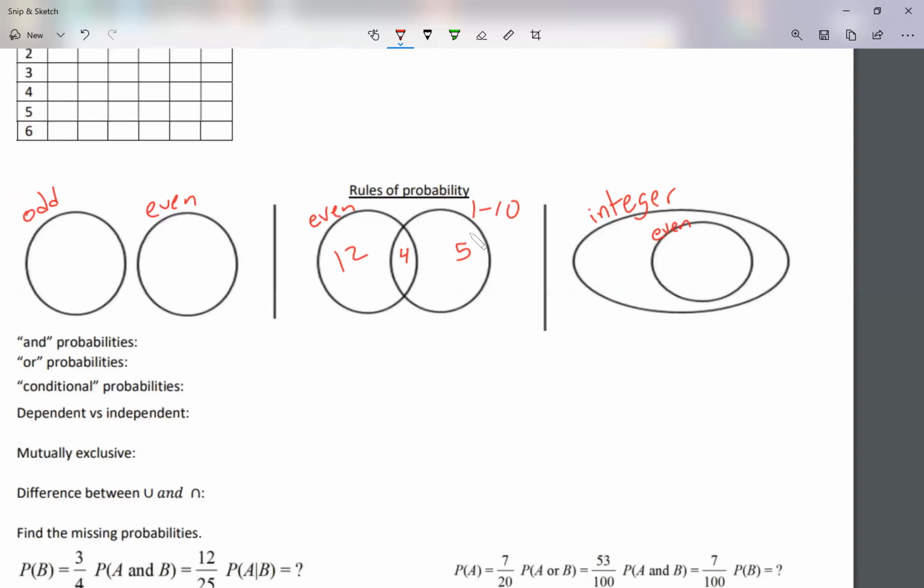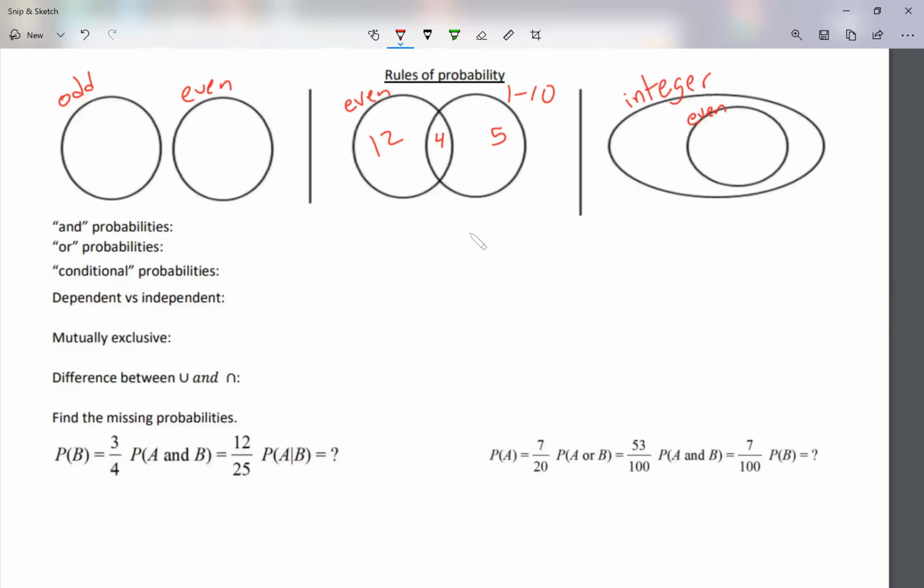A couple of rules we're going to be looking at. When I use the word and, we're going to multiply. So for example, if I say the probability of A and the probability of B, two different probabilities, but I use the word and, I'm just going to multiply.